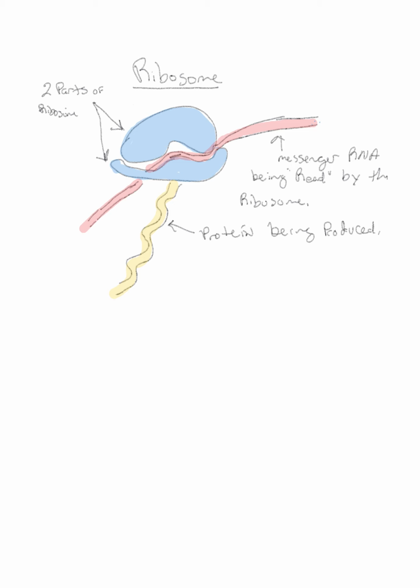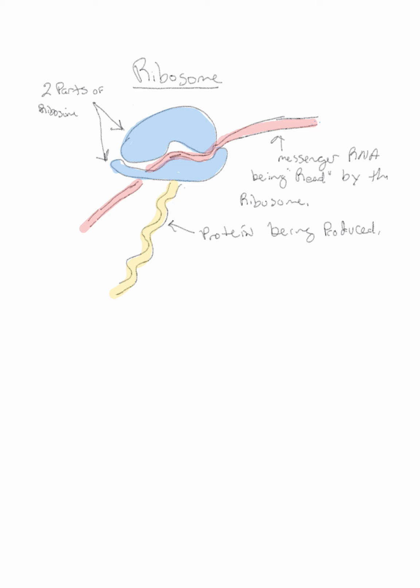And the messenger RNA has the code in it. So you remember you have adenine, guanine, cytosine, and uracil that make up messenger RNA. The ribosome will read those base pairs, and each one encodes for amino acids.